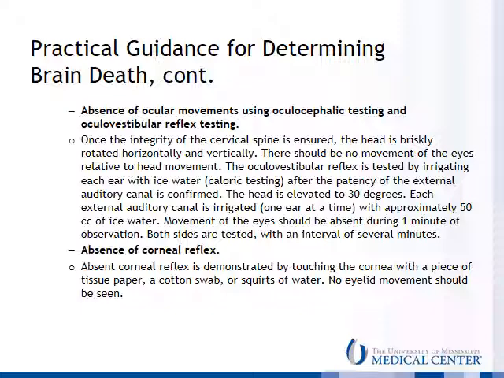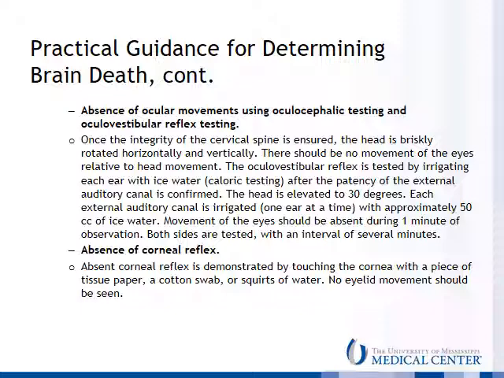That's where we rotate the head back and forth, and then also we do what we call cold calorics, where we inject cold saline into the patient's ears that will induce a nystagmus if the patient has brainstem reflexes. If both of these are absent, then their oculocephalic and oculovestibular testing is absent.